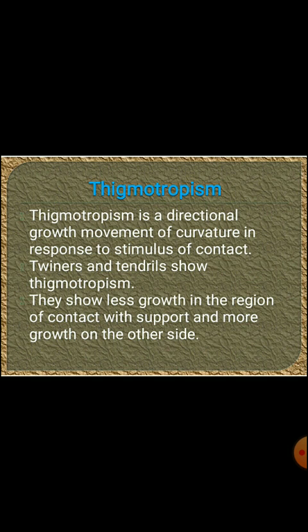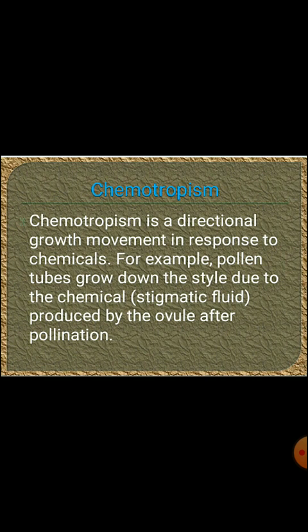Clear? Okay, let's move. Our next tropic movement is chemotropism. What is the meaning of chemo? Means chemical. It means in this movement the curvature responds to a certain chemical. So we can say that chemotropism is a directional growth movement in response to chemicals.